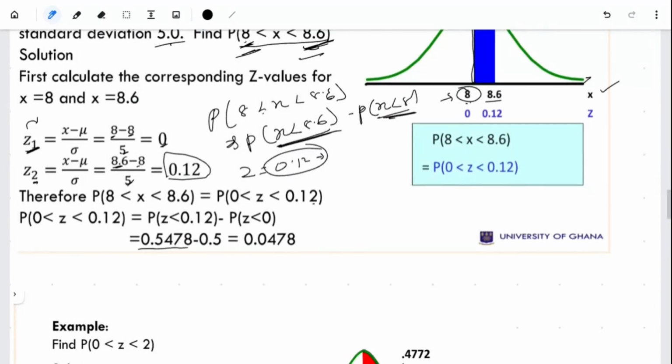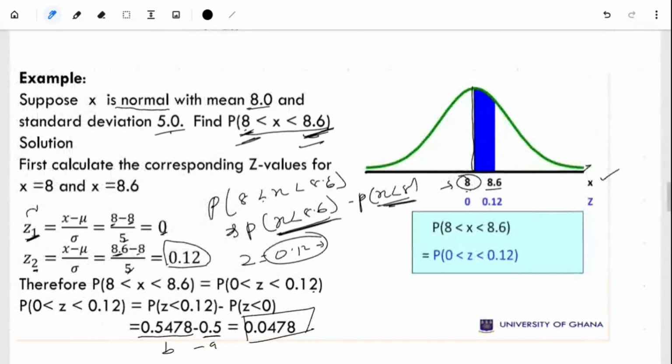So this was the value for 0.12, and this was the value for the 0, right? When you subtract this from this, that is b minus a, you get the probability for the interval from 8 to 8.6, which is 0.0478.